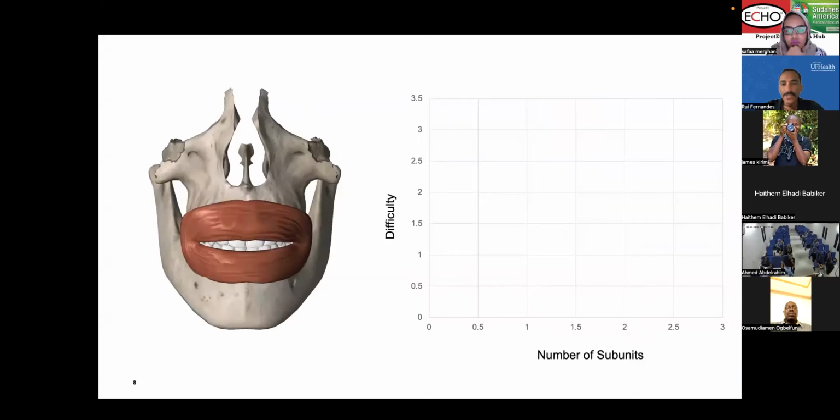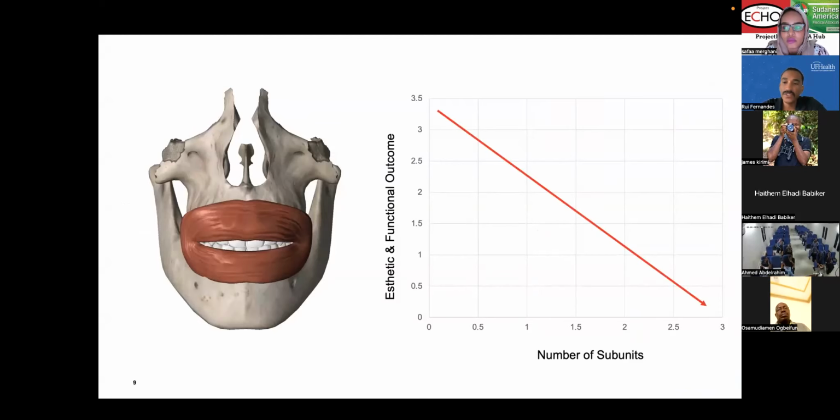We also know that there is a correlation between the difficulty of the reconstruction and the number of subunits. The higher the subunit number, the more difficult that reconstruction is going to be, and the inverse is true with regards to function and aesthetics. As the number of subunits goes up, the less impact you're going to have in terms of overall aesthetics and potentially function.